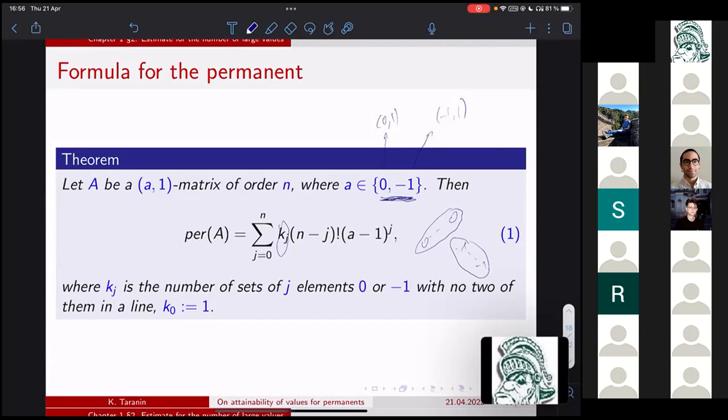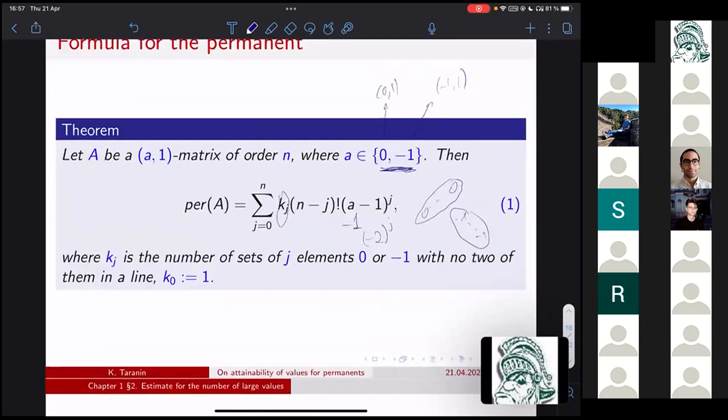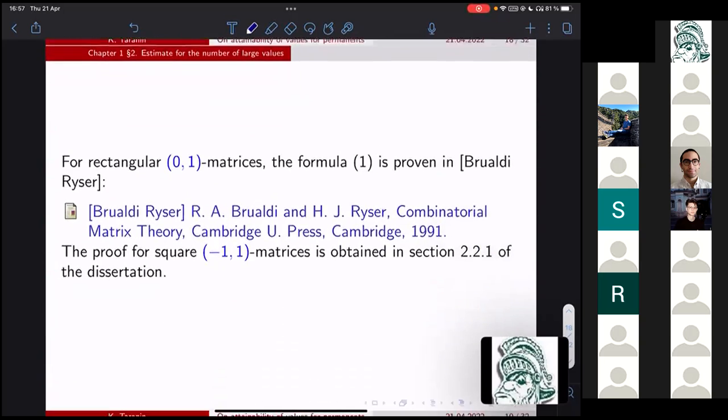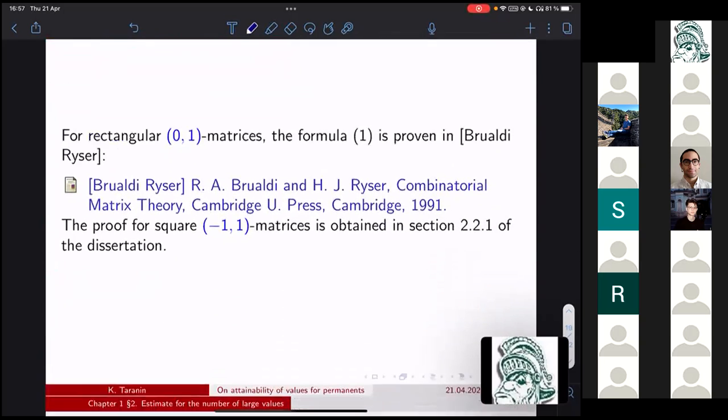A useful observation here would be that if we consider -1-1 matrices, then it will be -2 to the power of j, which will be useful for the part about -1-1 matrices. But for now, we are talking about 0-1 matrices, so let's proceed further.